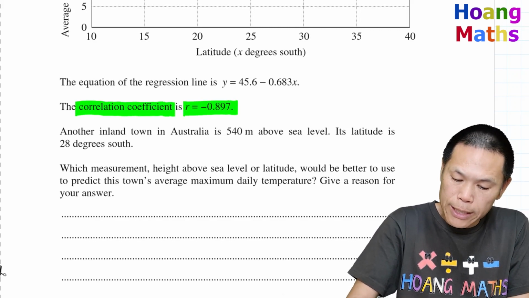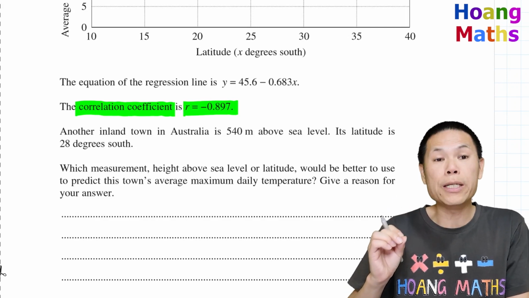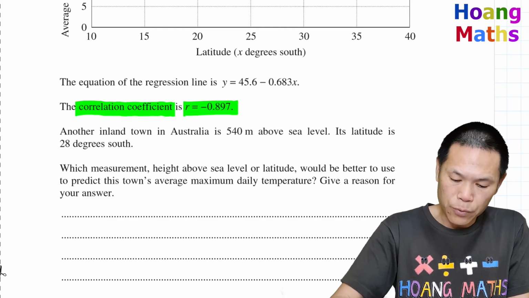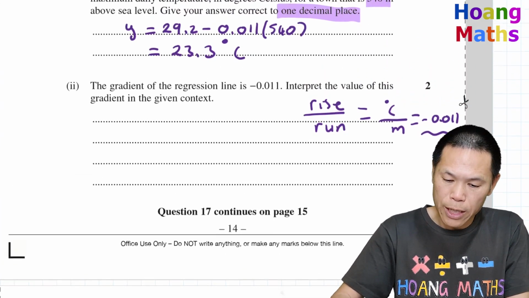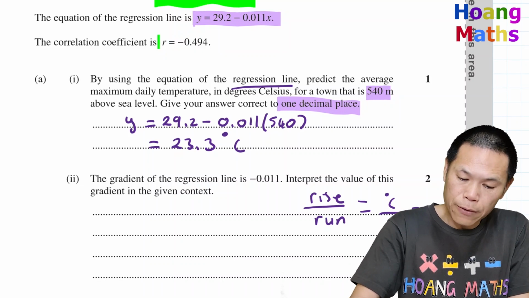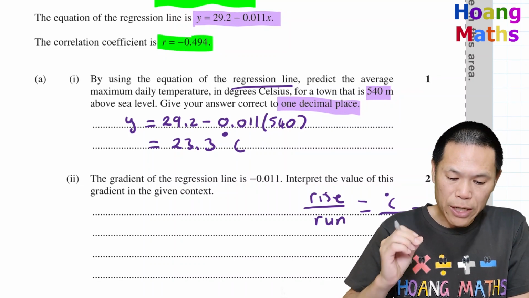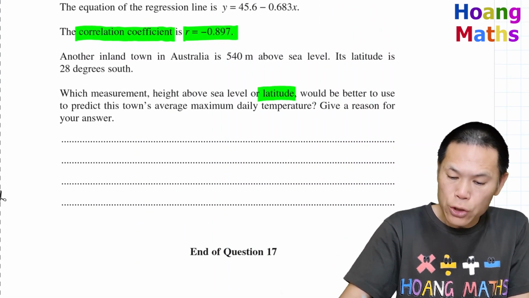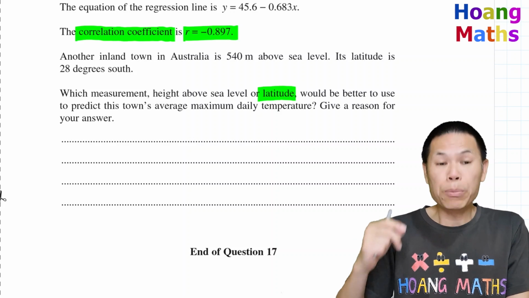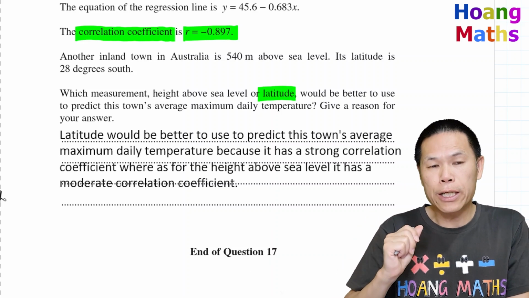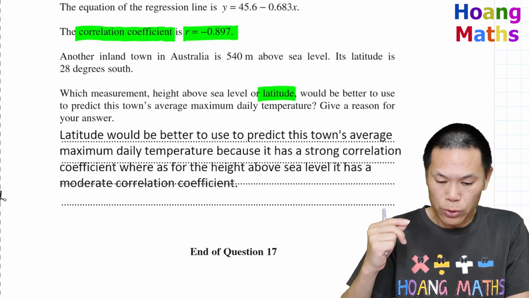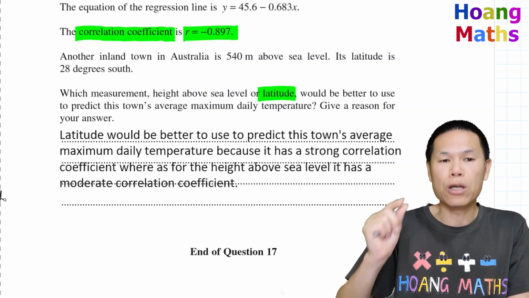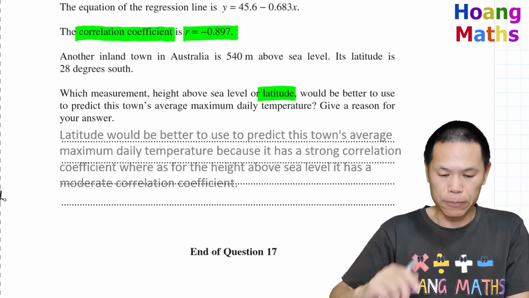This one here is negative 0.897, so it is a strong negative correlation, whereas this one here is a moderate negative correlation coefficient. Therefore, of course, latitude would be better to use because it has a strong negative correlation compared to height above sea level, which only has a moderate negative correlation coefficient. So keep that in mind.